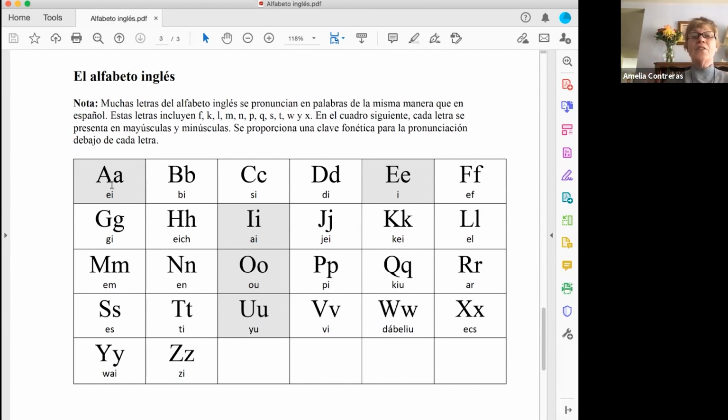Coincidentally, the letter names for these five vowels, A, E, I, O, U, are the same as their long sound.